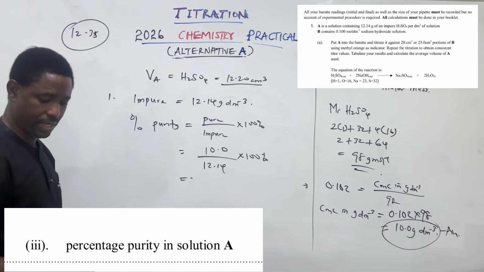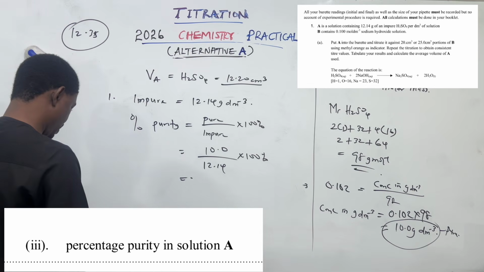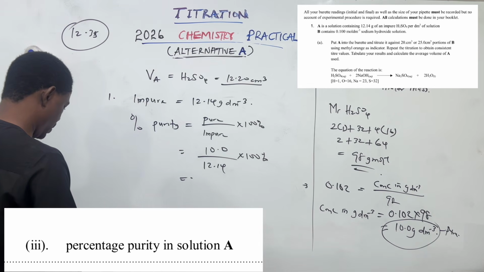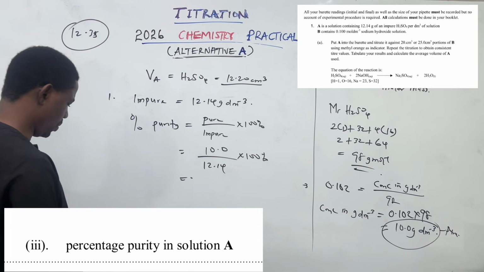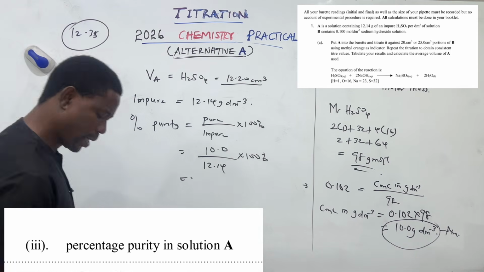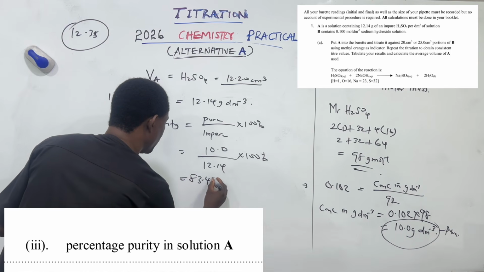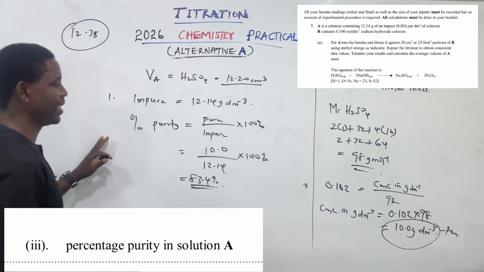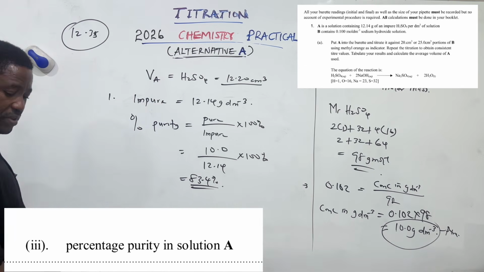So whatever you get there, that's the answer. Let's quickly put that. 10 divided by 12.14, times 100. So we get 83.4%. That means solution A is 83.4% pure.